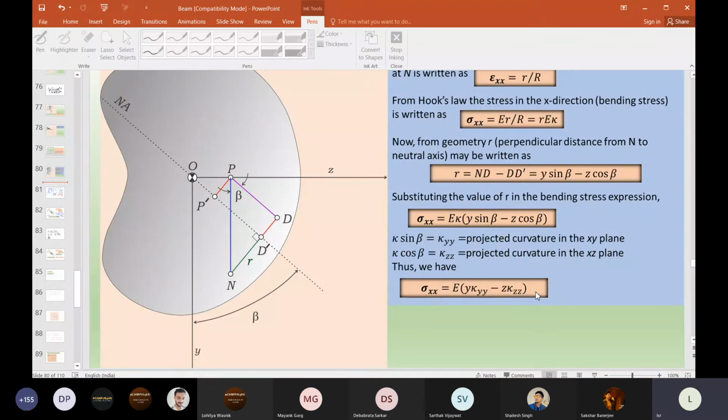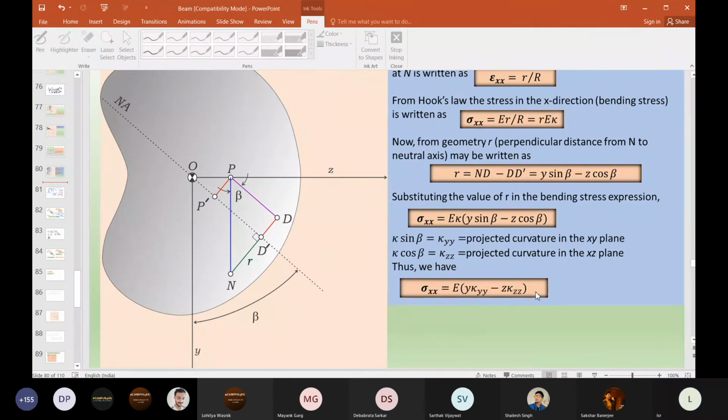That means let me write it down here. Sigma xx is equal to E y kappa yy minus z E kappa zz.